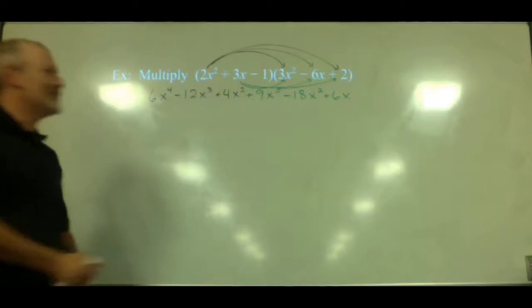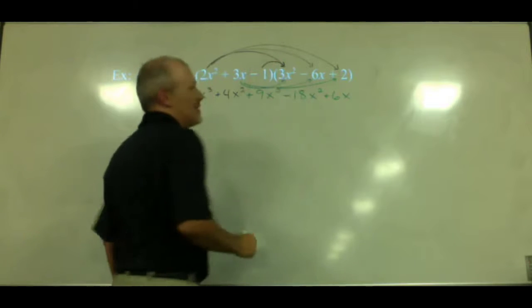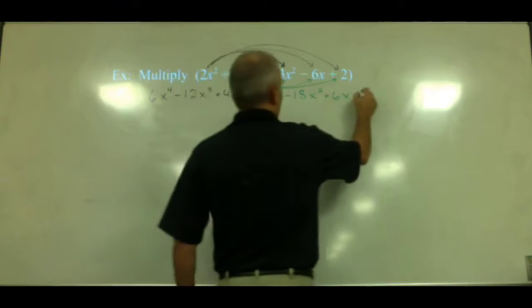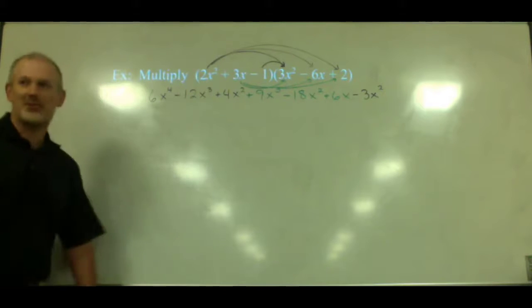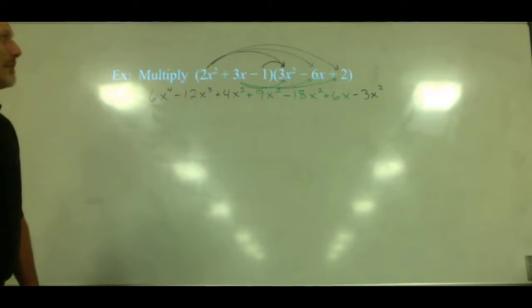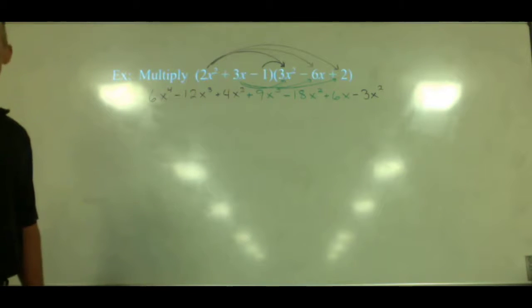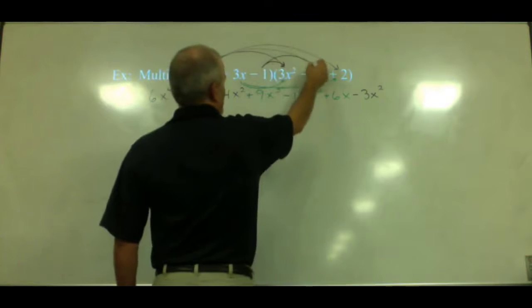Multiply the negative 1, right? So negative 1 times 3x squared gives us negative 3x squared. Then what? Negative 1 times the negative 6x.